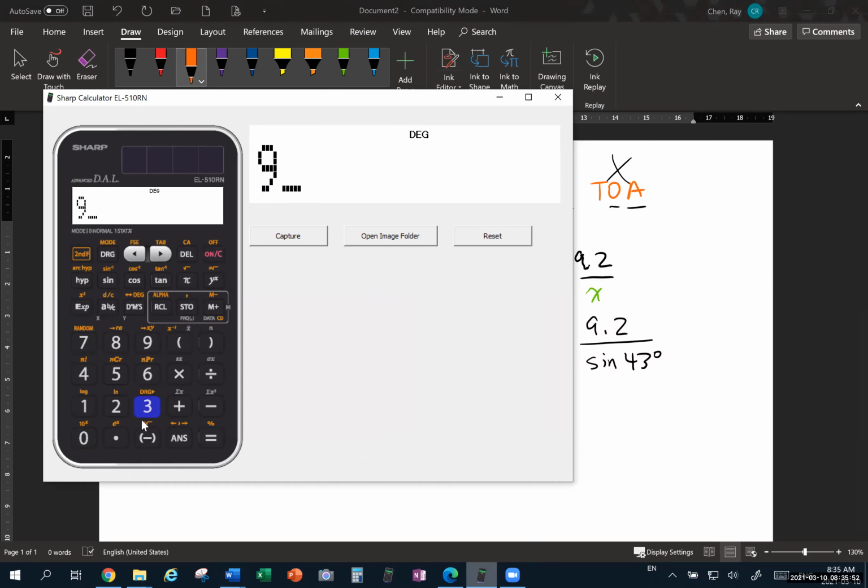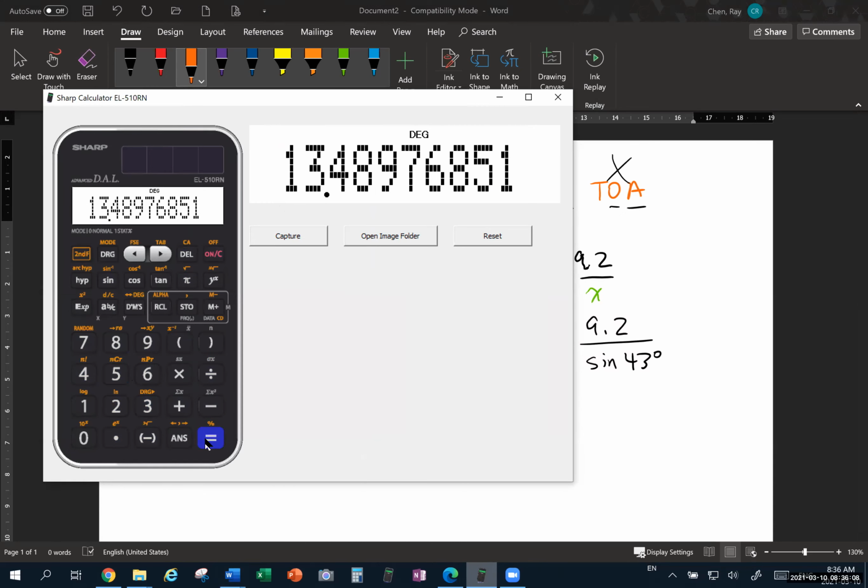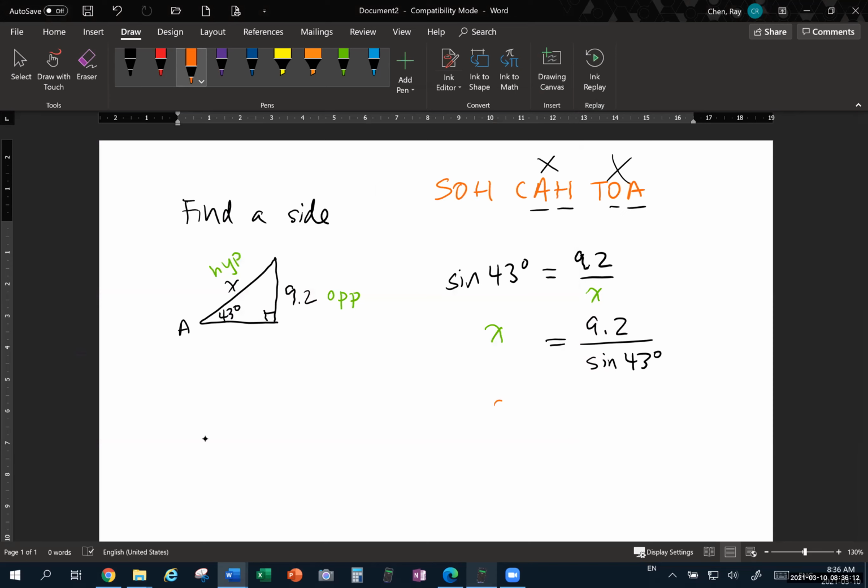And we simply put in 9.2 divided by the sine of 43 degrees. Notice, even though sine of 43 degrees is a ratio, I don't really want to know what that is. And our answer is approximately 13.489 units. And that's how we find a side.